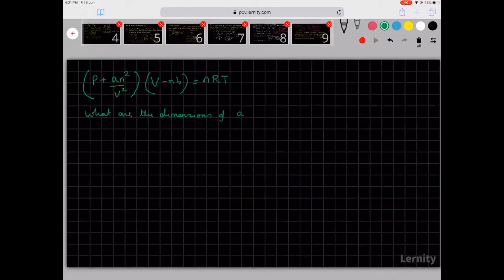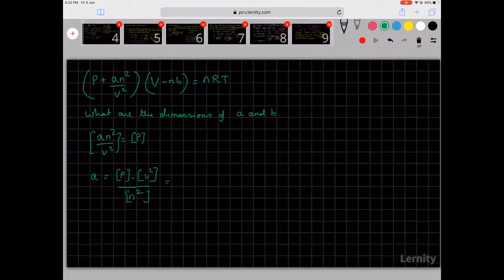Okay, so dimensions of A. To get the dimension of A, n squared by V squared should have the dimension of pressure. So from here, A should have the dimensions of pressure into dimensions of volume squared divided by dimensions of n squared.